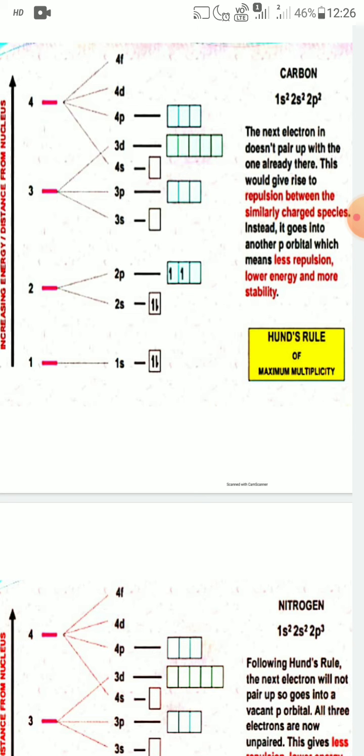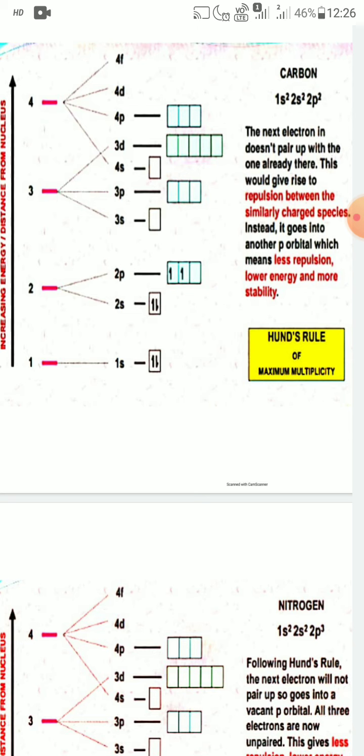So the electron will not pair up in the same 2p orbital, and instead goes into another p orbital, which means less repulsion, lower energy, and more stability, according to Hund's rule of maximum spin multiplicity.